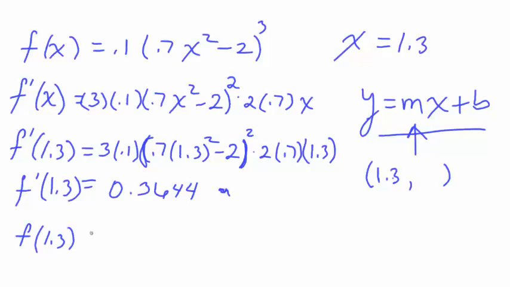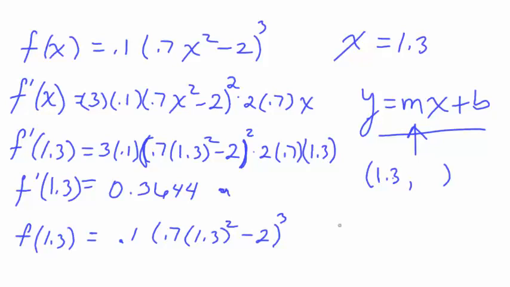So f of 1.3 is equal to 0.7 times 0.1 times 0.7 times 1.3 squared minus 2, and that is going to be cubed. And so we're going to have to probably round that too.